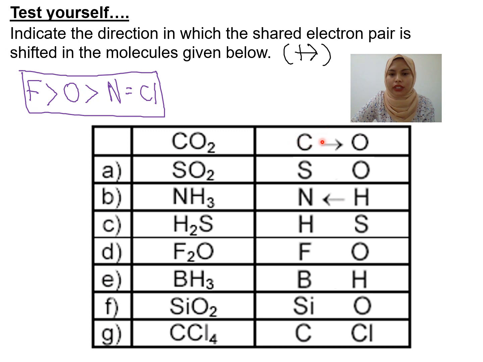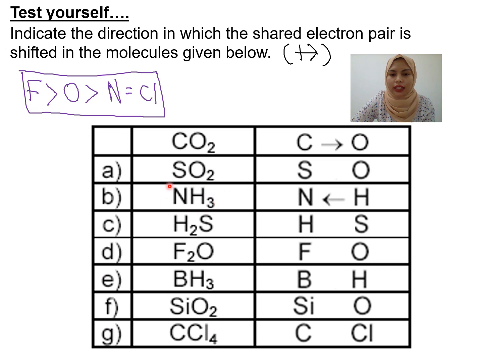So dia punya elektron tu akan bergerak daripada carbon kepada oxygen. Macam ni juga, S ni adalah atom selain daripada oxygen, selain daripada atom yang one of the most electronegative atom. So the elektron akan bergerak daripada S ke O. Okay, sekiranya bond dipole tu akan bergerak daripada S kepada O.